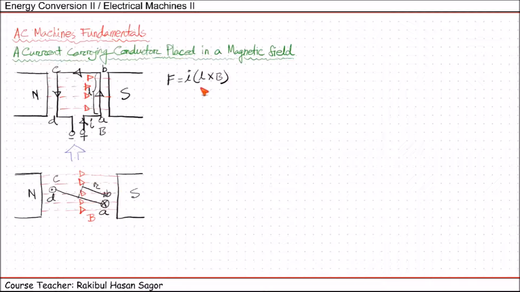Here you need to understand that this L, length L, will have a magnitude and direction, and this direction will be defined to be in the direction of current flow.